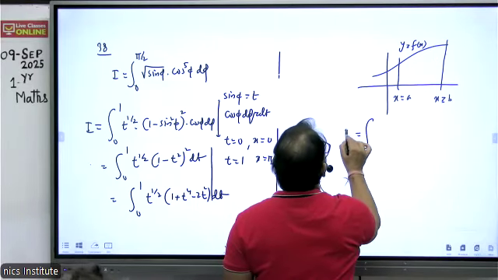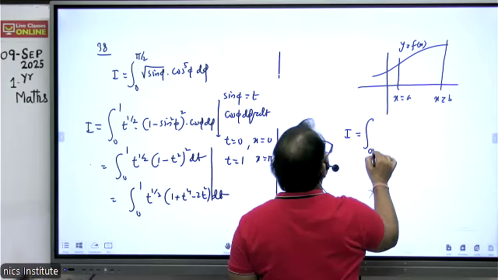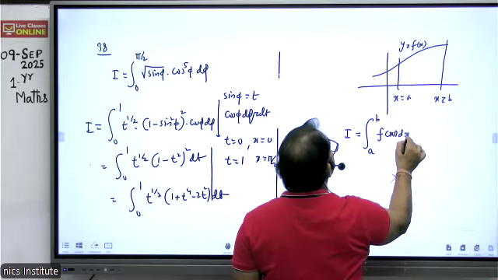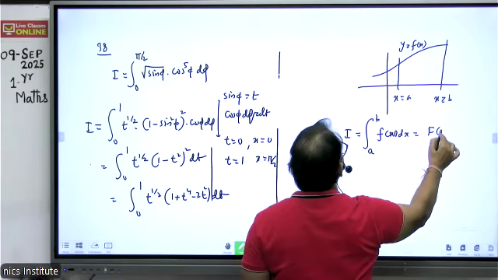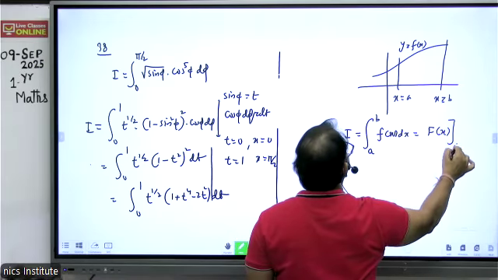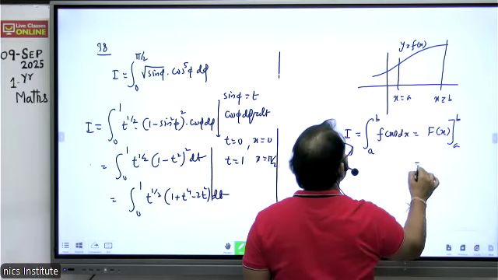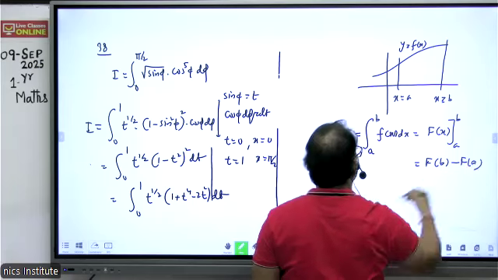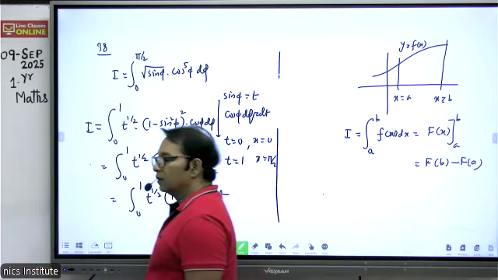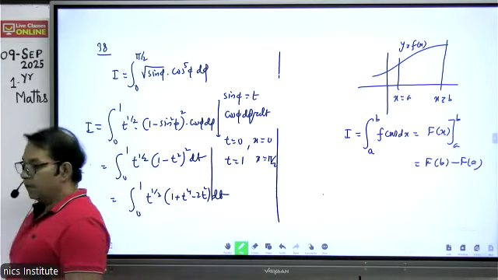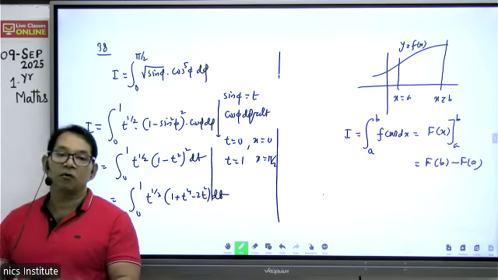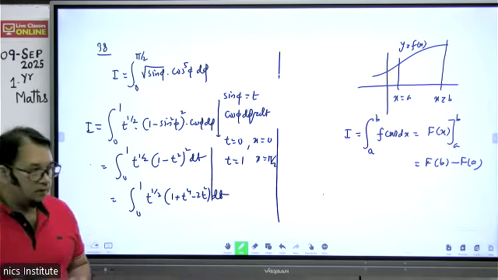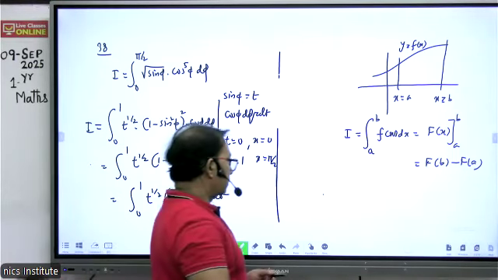For example, if you integrate a to b f of x dx and the integration of f(x) is capital F(x), then you put the upper limit first in place of x, minus the lower limit. So a definite integral between limits always gives us the area enclosed between the given curve and two ordinates, vertical lines, and the x-axis.